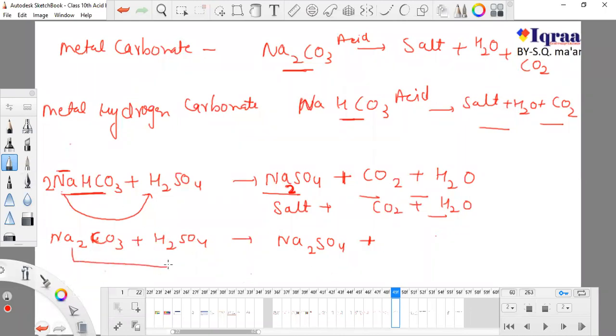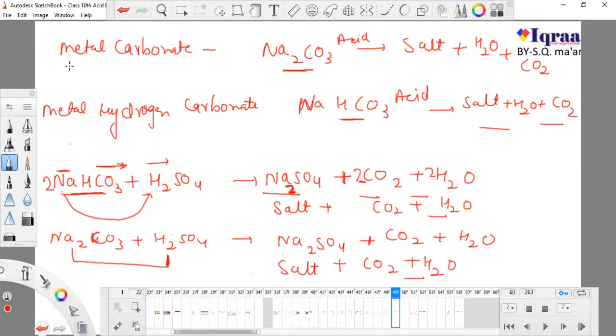So this will replace this, and Na will come here and it will form NaSO4 plus CO2 plus H2O. If I balance this it will be like this, 2, 2. I can't tell you what is balancing right now, but the formula is same: salt plus CO2 plus water. Okay, so formula is same.